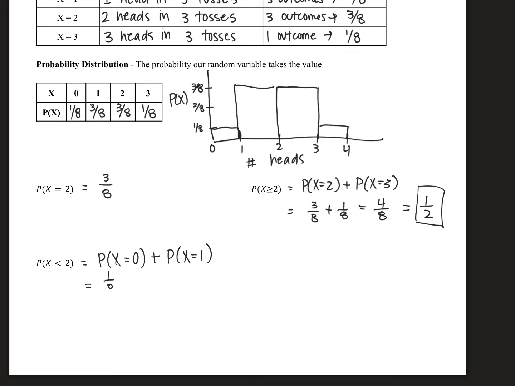So that's going to be 1/8 plus 3/8, which is also 4/8, which is also 1/2. So you also have an equal chance that you get less than 2 heads, which makes sense since coins are fair. So that's kind of a review of what we did previously, which then leads us into the next topic.